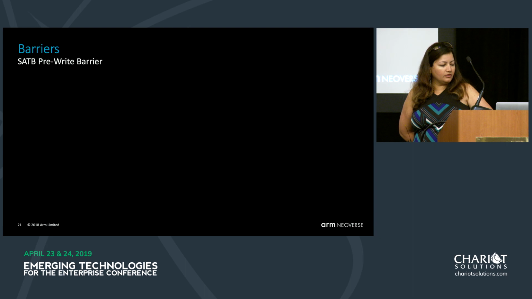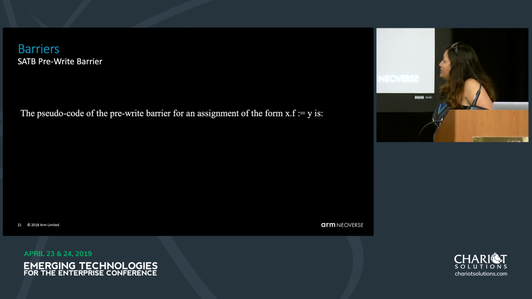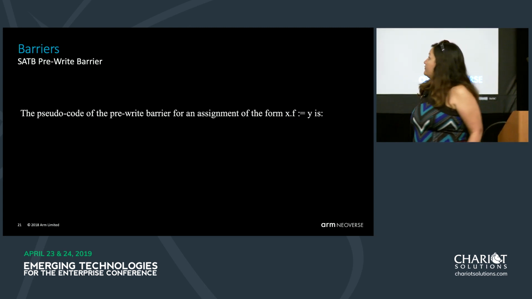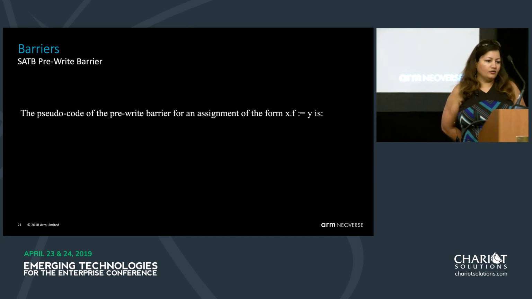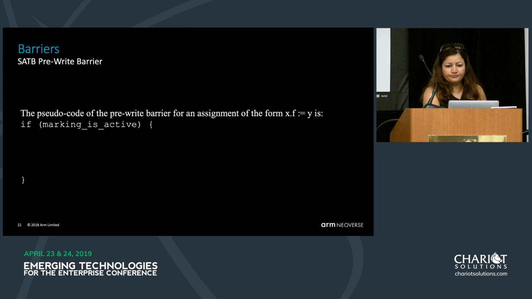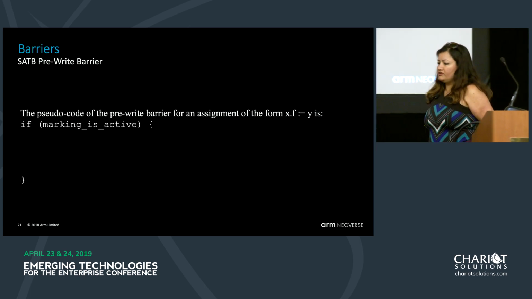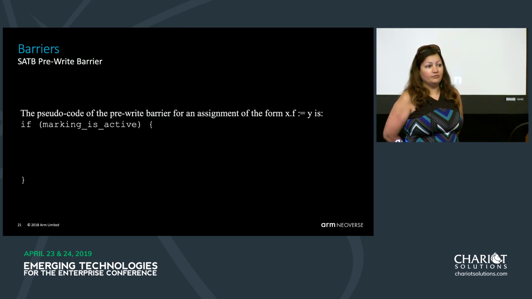So let's look at these pre-write barriers. If you have an assignment of the form x.f = y, what you're trying to do is save the previous value. There's an optimization, because you don't have to do this if you're not in the marking phase.